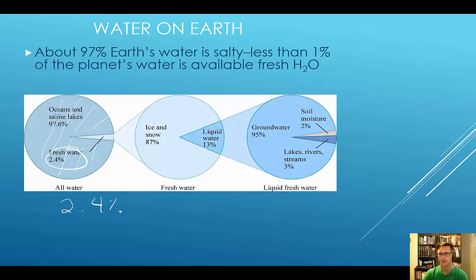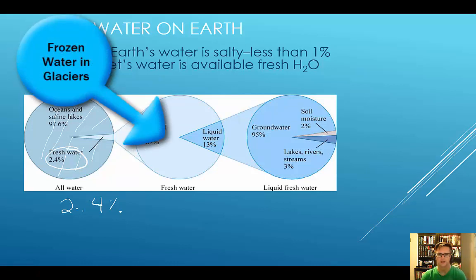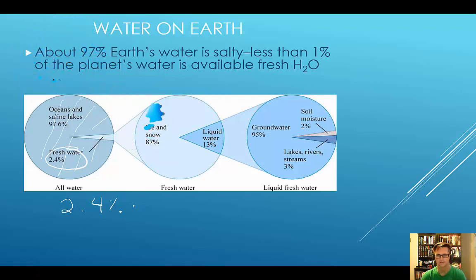We cannot drink it. So only 13% of that water is liquid water. So that's even less. So of this 2.4%, we see less than a quarter of it. So barely any of that water we actually see.